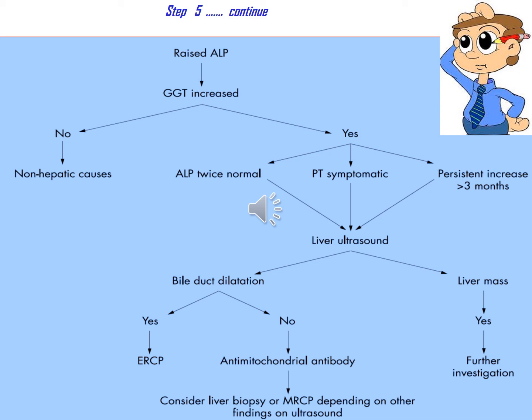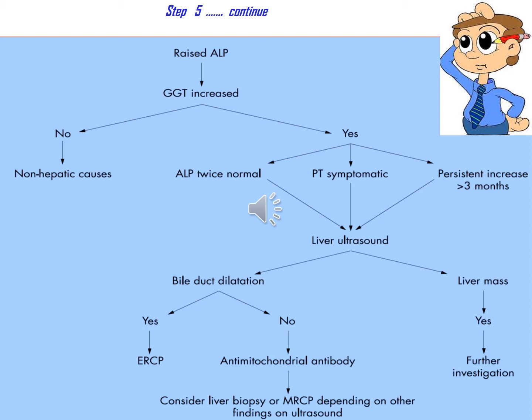If you find a liver mass, this is a focal lesion in the liver, so go for further imaging investigation. Or this may be an infiltrating mass. Or you look at the bile duct. If there is no bile duct dilatation, screen for medical cholestatic conditions, like primary biliary cirrhosis, which is now called primary biliary cholangitis.